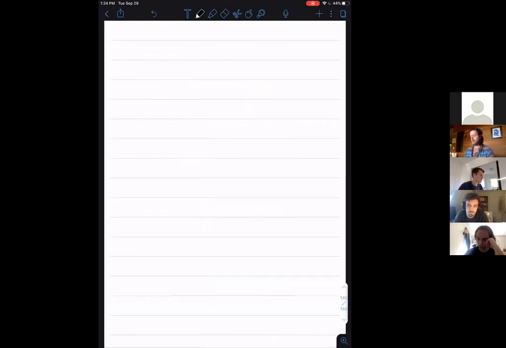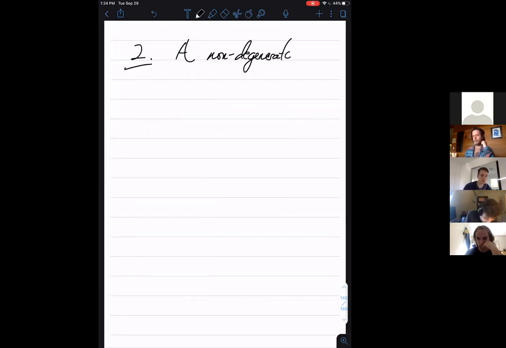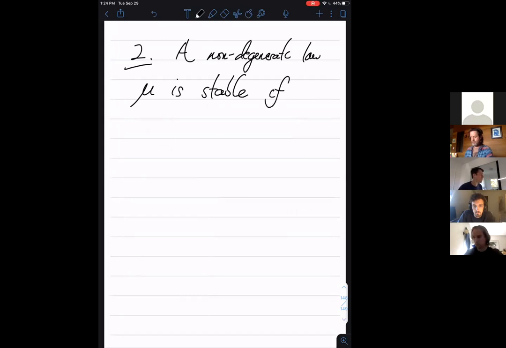So here's a nice definition that is very related to the questions we want to ask. If I take a non-degenerate law, that just means its support consists of more than one point; it does not represent a constant random variable. So we have the important concept of stability, which has more than one way to define it, but here's one way.